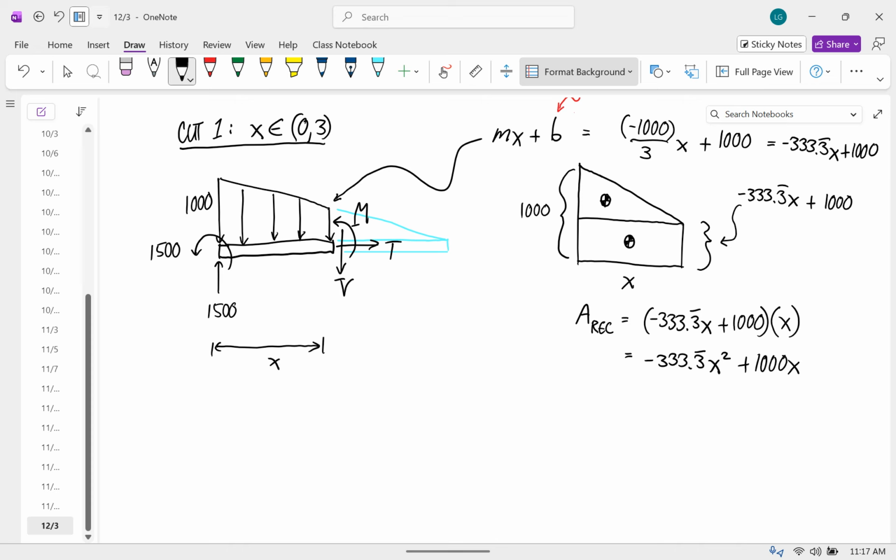What about the triangle? Well, the height of the triangle is 1,000 minus negative 333.3 repeating x plus 1,000, times x, divided by 2.